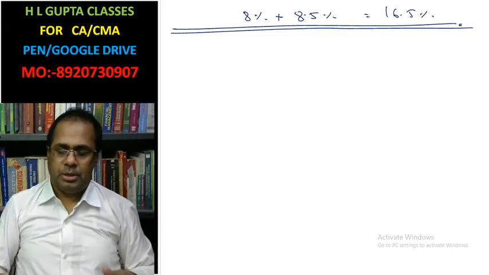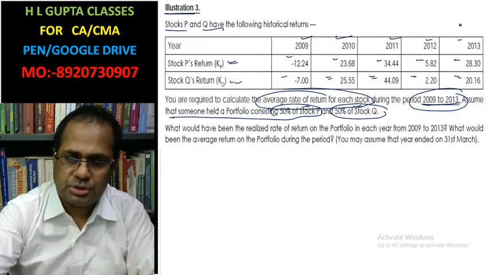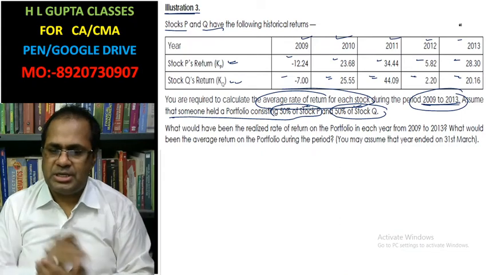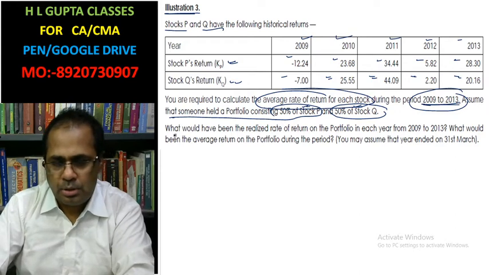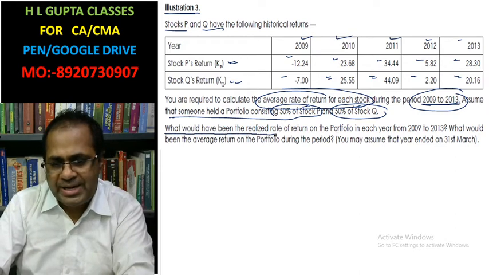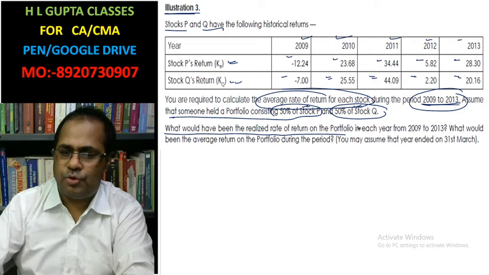Okay, the first part of this question has been completed. What is in the second part? Please try to understand. What would have been the realized rate of return from the portfolio?